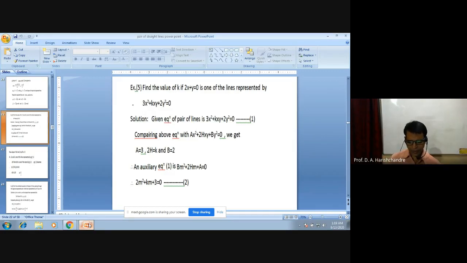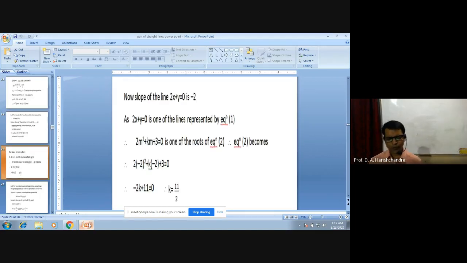From that you can obtain the auxiliary equation whose formula is bm square plus 2hm plus a is equal to 0. Here replace the value of b, 2h and a, so that it will be turned into a quadratic equation, and the quadratic equation will be 2m square plus km plus 3 is equal to 0. You can call this equation 2.